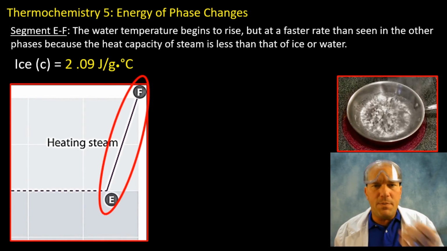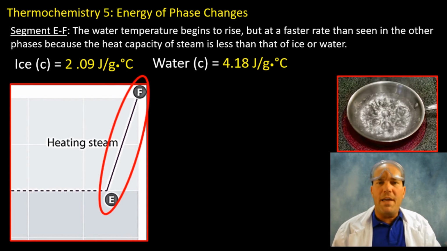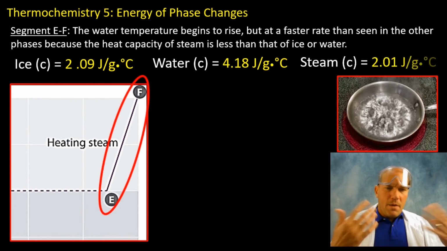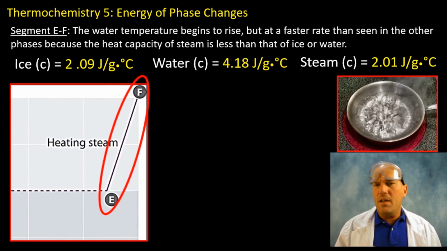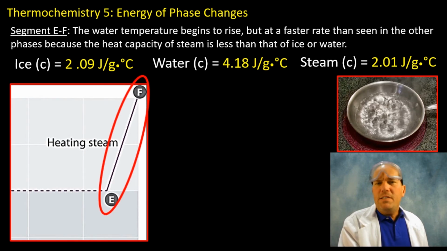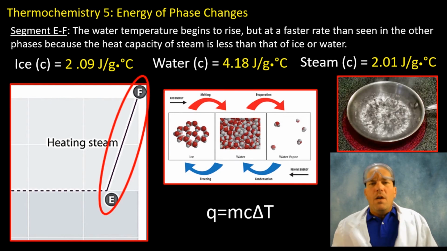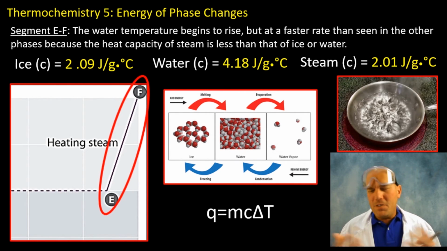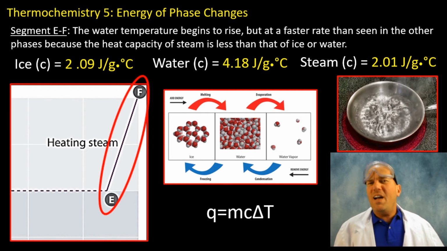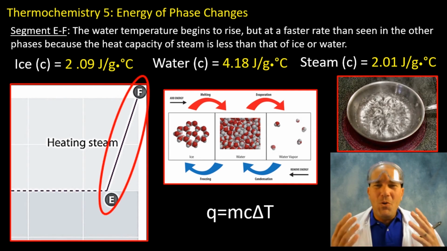This is due to the specific heat capacity of the steam compared to ice and water. It's going to be lower, and because it's lower, the rate of temperature increase is greater here than what we saw for ice and for water at 2.01. One important point: we've looked at heating curves throughout this video, but the reverse processes can also be studied, and those are intuitively called cooling curves.